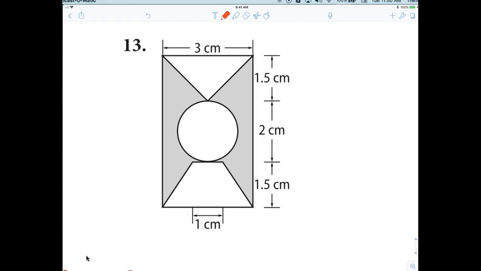So we're going to take the area of the rectangle, and then I'm going to subtract out a what? What shapes am I subtracting out? The circle. The triangle. And that is exactly correct.